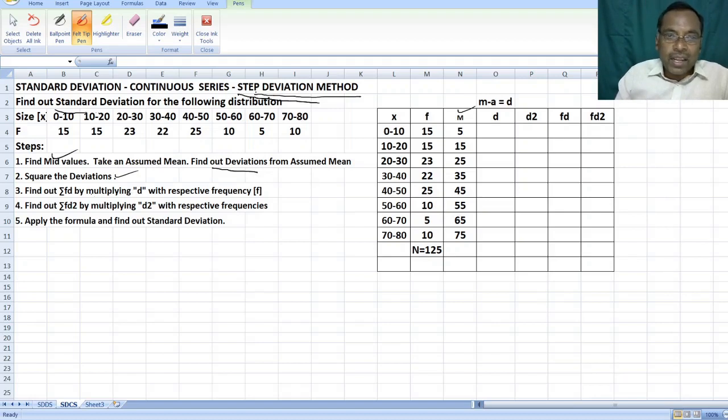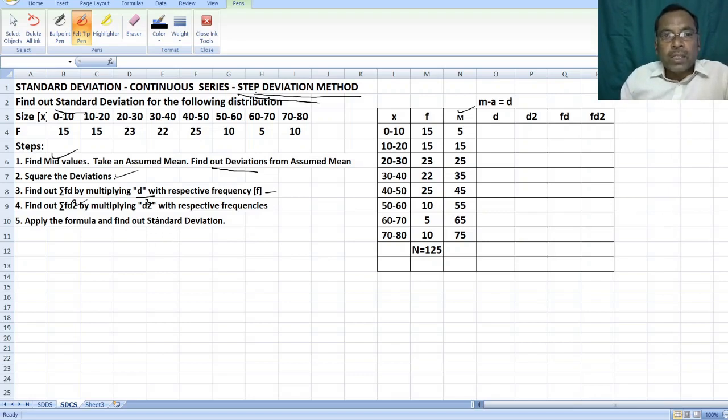After squaring, first find summation fd by multiplying d with the respective frequency, and after that find summation fd square by multiplying d square with respective frequencies. Then apply the formula and find standard deviation.